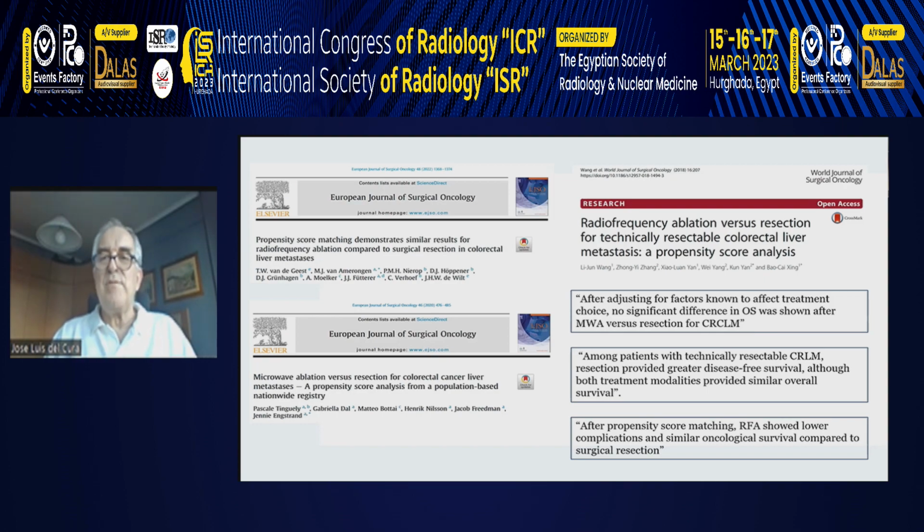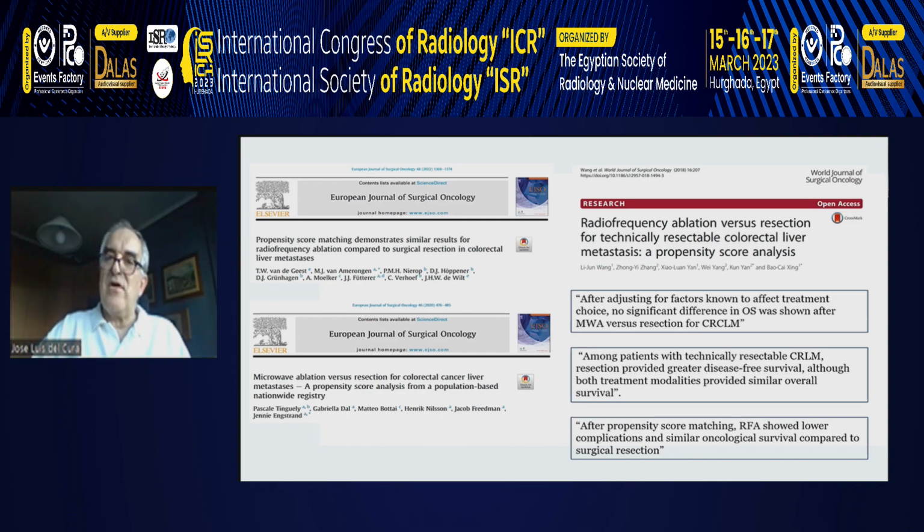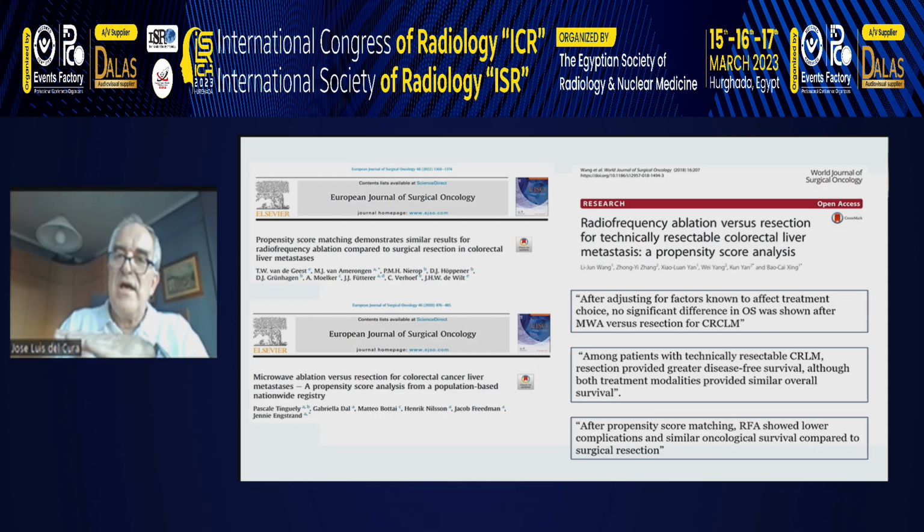In these propensity matching studies, in which they compared similar groups for surgery and for ablation, the results are quite similar. After adjusting for these factors, no significant difference was found between surgery and ablation. So, in fact, ablation appears as a possible competitor because of the lower rate of complications, a strong competitor in the near future for surgery.